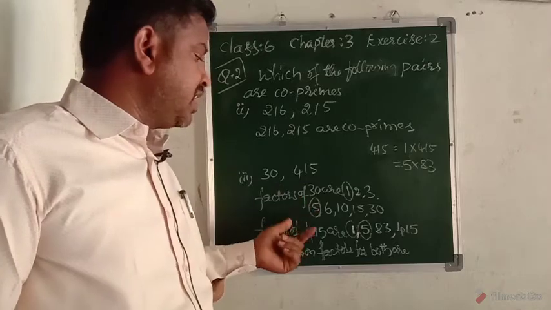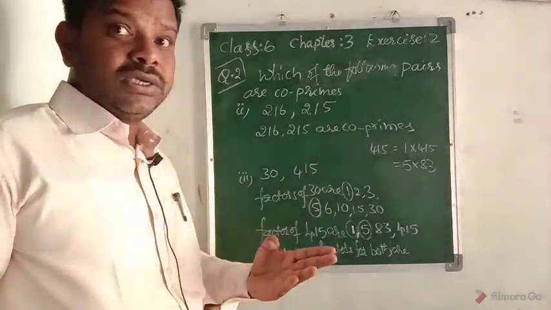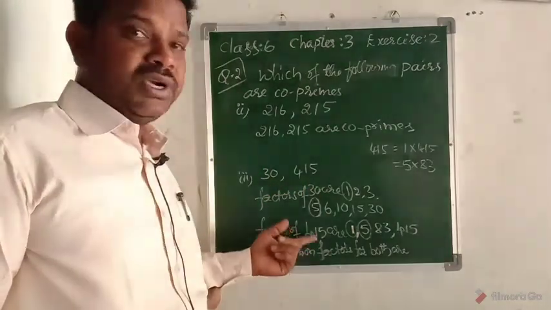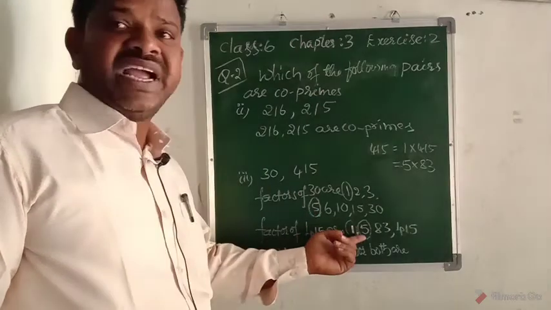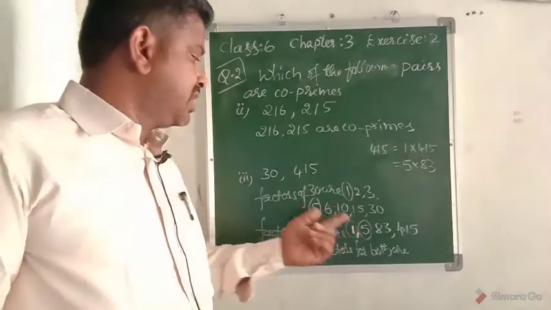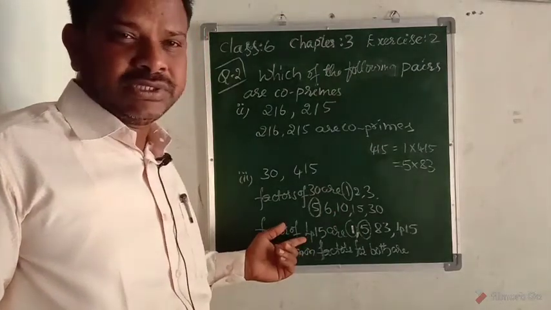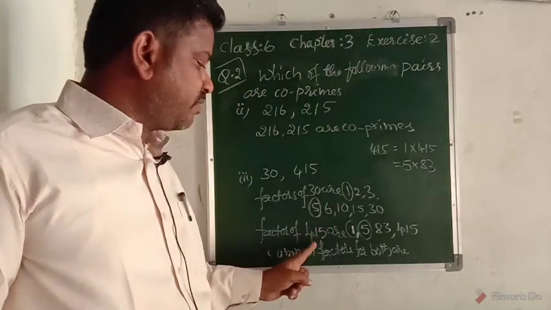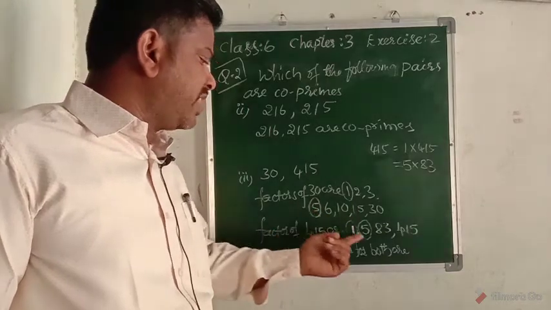Here 30 and 415 have two common factors. If one is the only common factor, they are coprimes. But here, other than one, 5 is also a common factor.